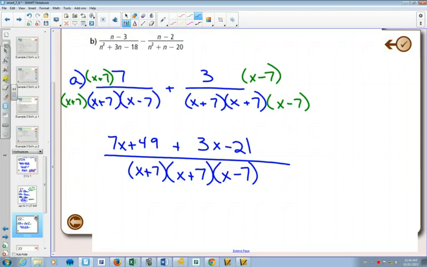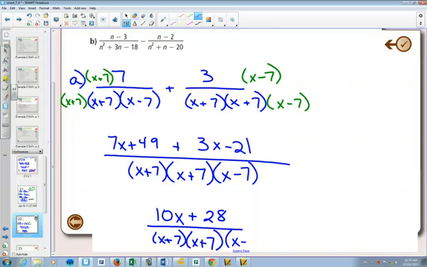So now we do have some common denominators on the top. 10x, 49 minus 21, 28, all over x plus 7, x plus 7, x minus 7. The top, you could factor out a 2, but that would leave you with 5x plus 14.